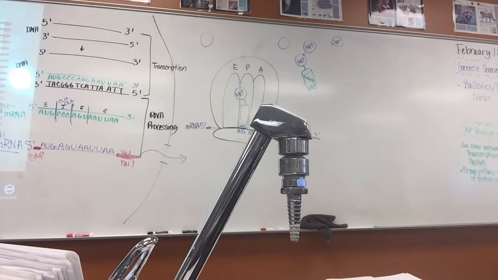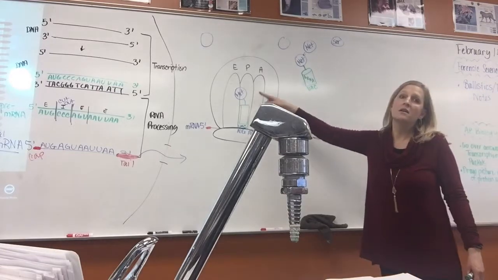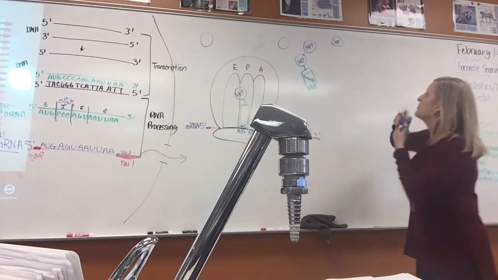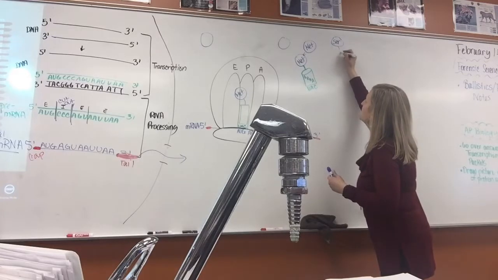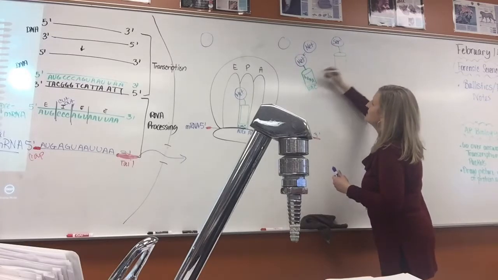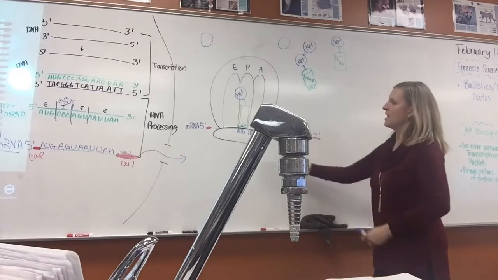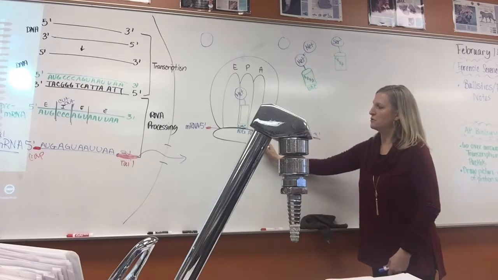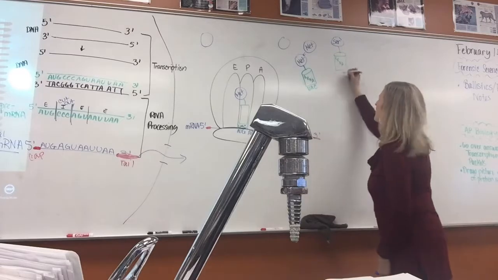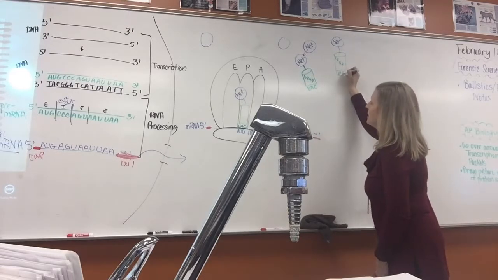How is SER going to get to be the second amino acid and be brought over here? tRNA is going to pick it up, and what's true about this tRNA? It's different than this one. It has UCA. So it has the anticodon that goes with this.